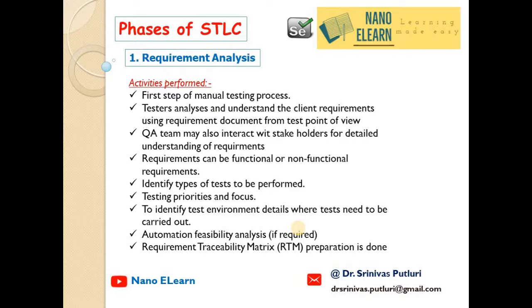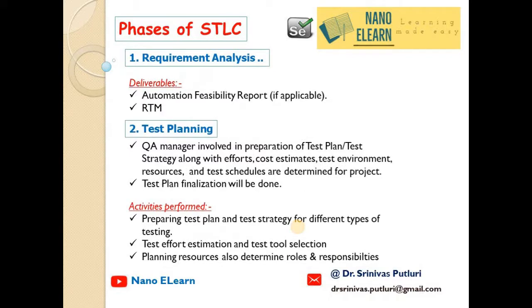Also involved in identifying different types of tests that need to be performed, identifying test priorities and focus on them, and identifying test environment details where the tests need to be carried out. Also, automation feasibility analysis is done if required. The requirement traceability matrix preparation is also done in this phase.